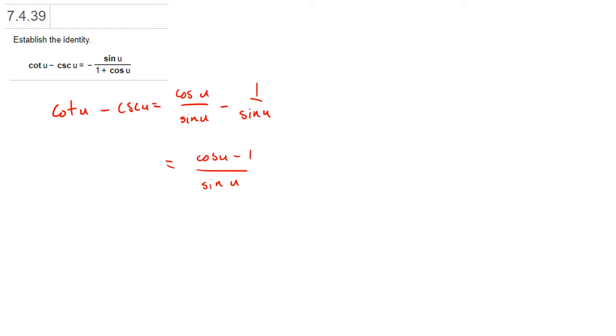Now what we want is a denominator of 1 plus cos u. So if we happen to know at the very end we're looking to get a denominator of 1 plus cosine u, I can introduce that denominator by multiplying this by 1.